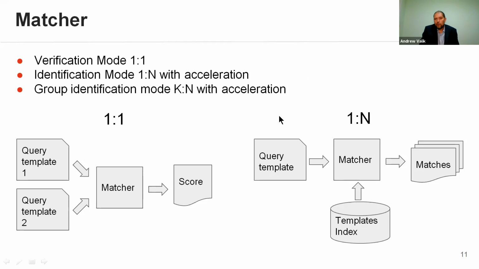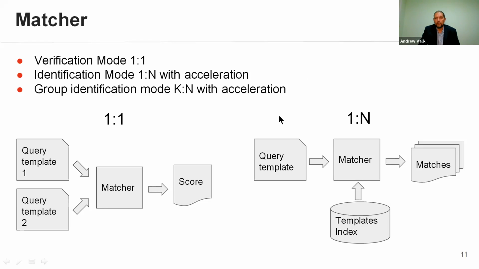The workflow is simple. For identification, you construct a templates gallery or templates index from one point, and pass the templates index and query template to the matcher, and receive a list of matches.